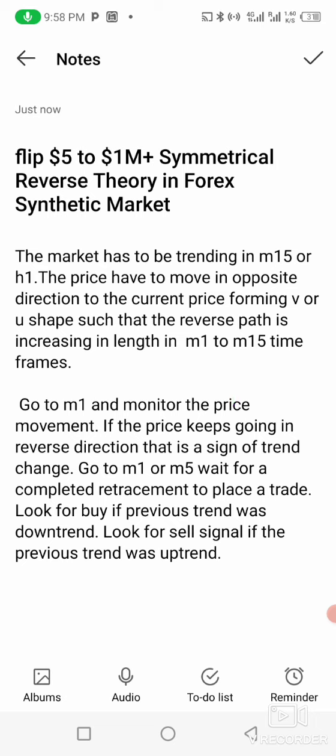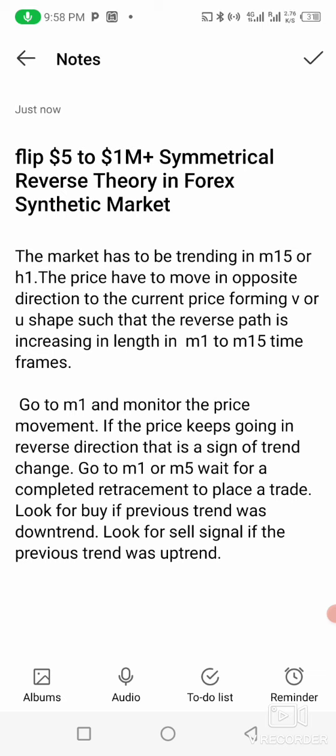Let's read together. The market has to be trending in M15 or H1. The price has to move in the opposite direction to the current trend, forming a V or U shape, such that the reverse part is increasing in M1 or M15 time frames. Go to the M1 and monitor the price movement.